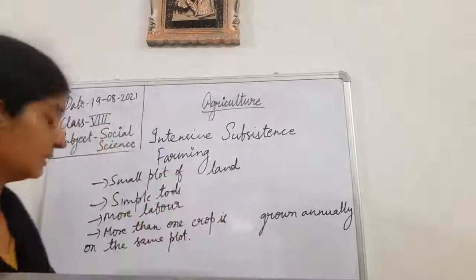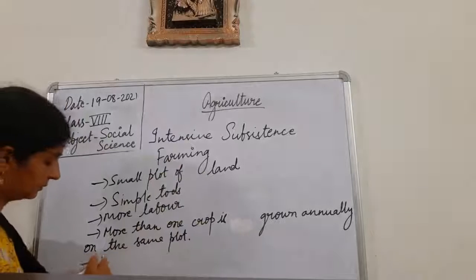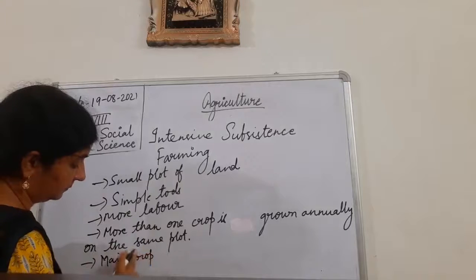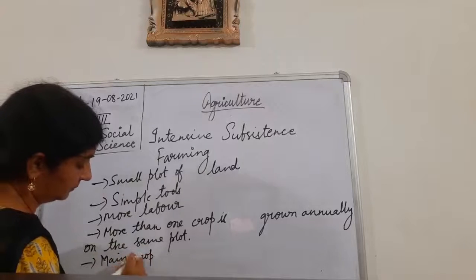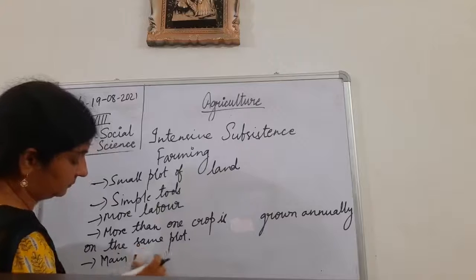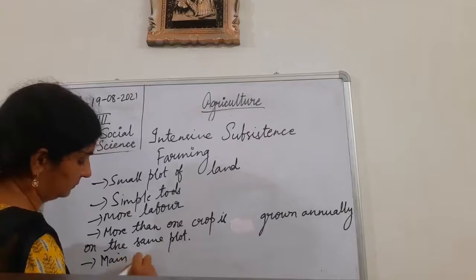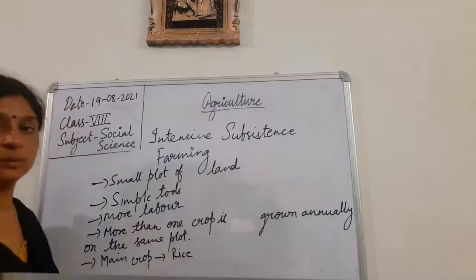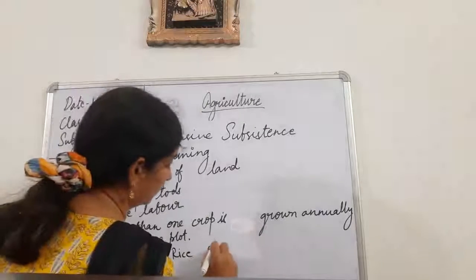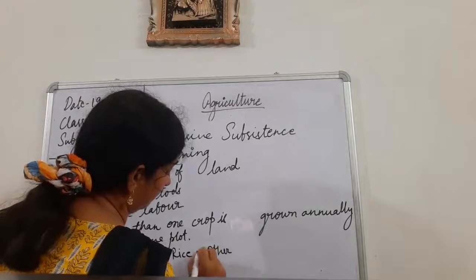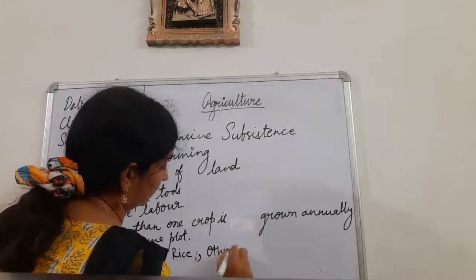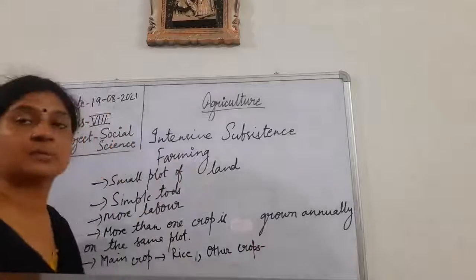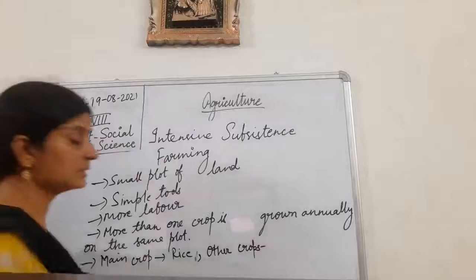One more feature is that rice is the main crop, and other crops are wheat, maize, pulses.